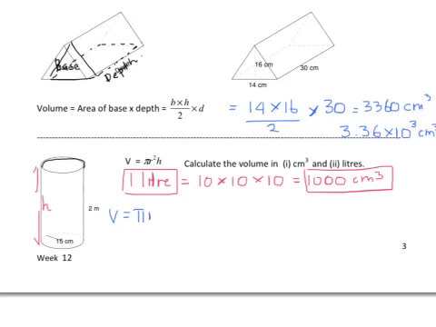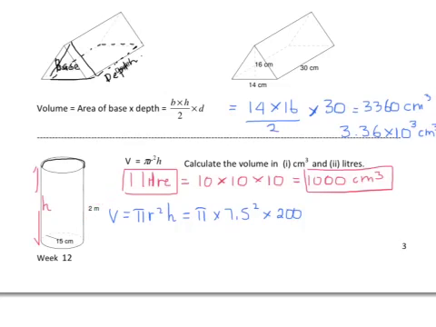Volume is pi r squared h. Now substituting into the formula, pi times 7.5 all squared times 200. Why have I made that 200? Because I was given the height as 2 metres.